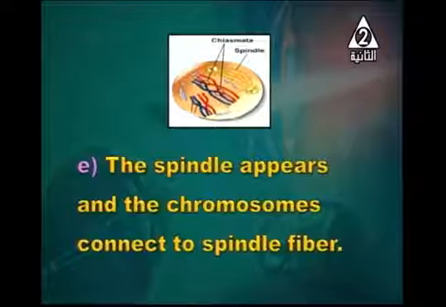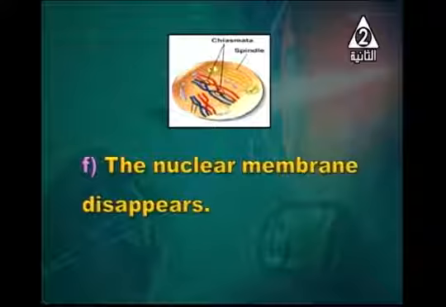The spindle fibers appear and the chromosomes connect to them. The nuclear membrane disappears and the tetrads float in the cytoplasm without any membrane.